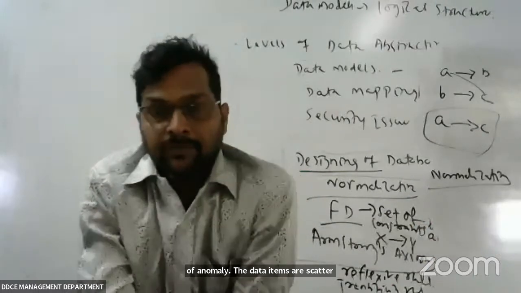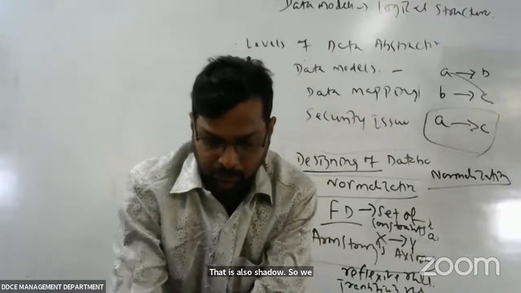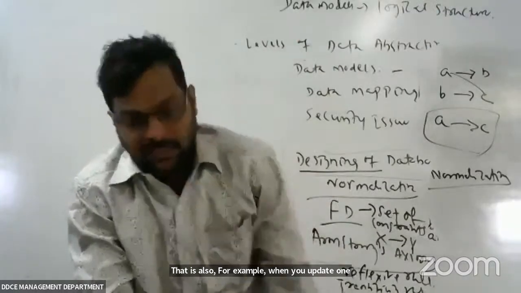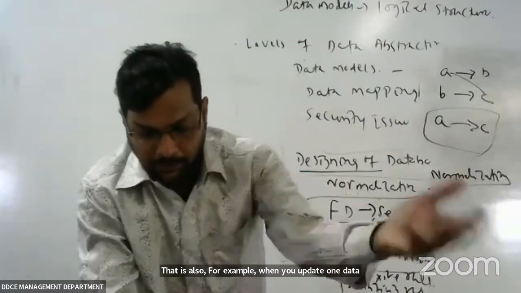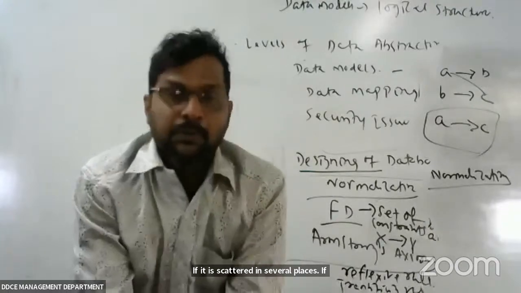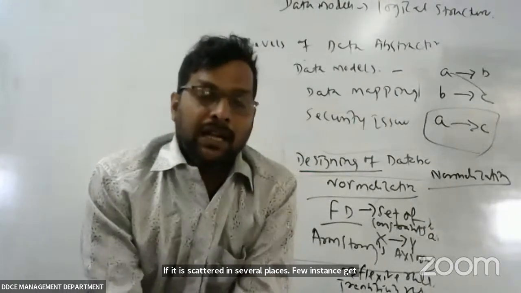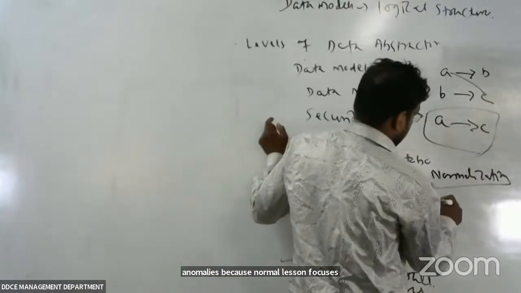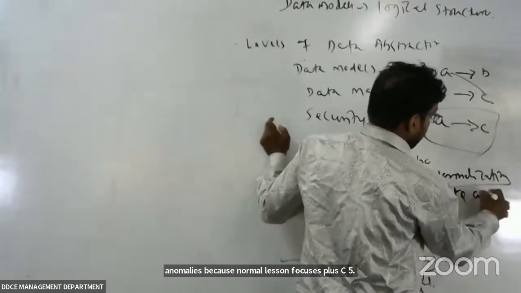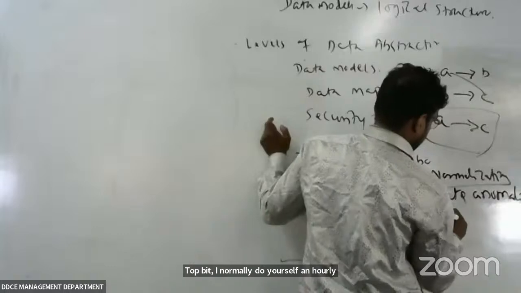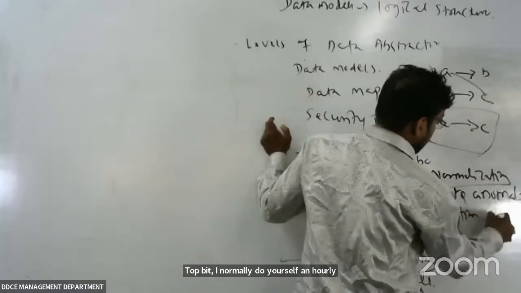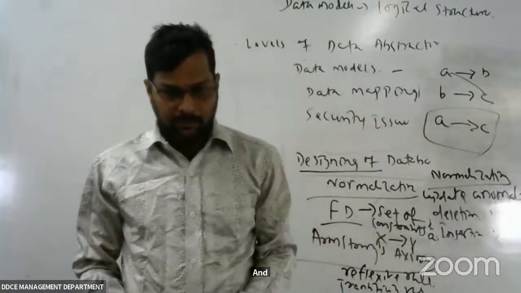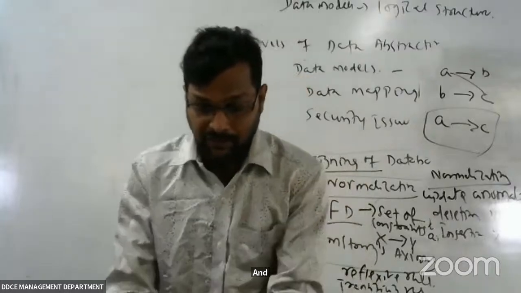For example, when we update one data item that is scattered in several places, a few instances get updated properly while a few others are left. Normalization focuses on three anomalies: update anomaly, deletion anomaly, and insertion anomaly.